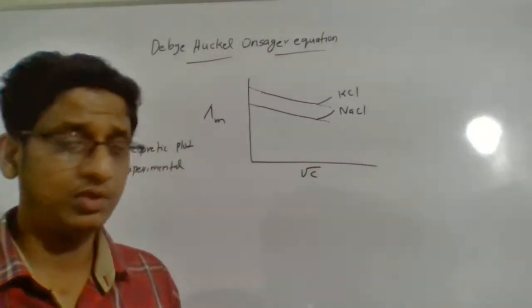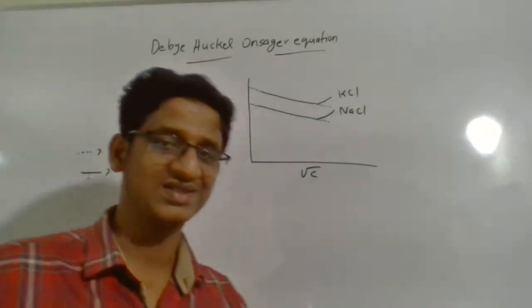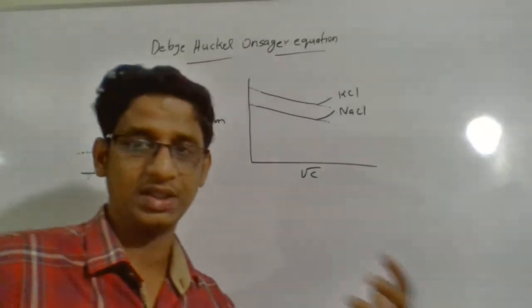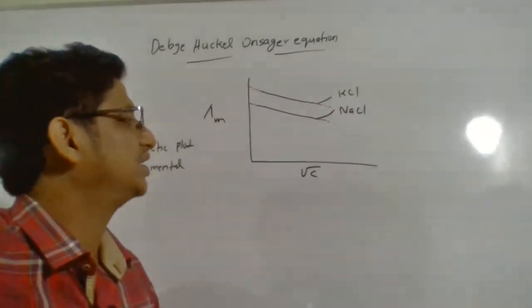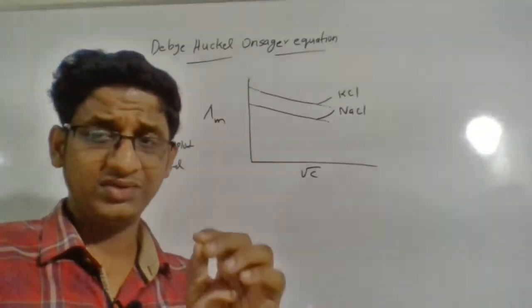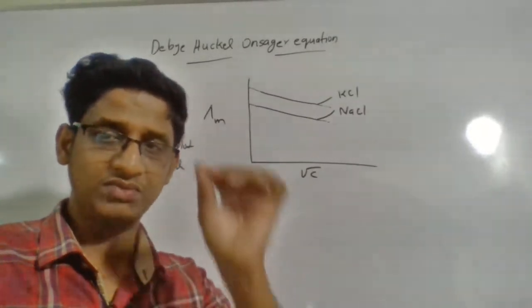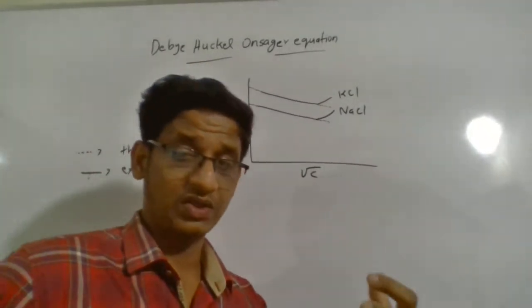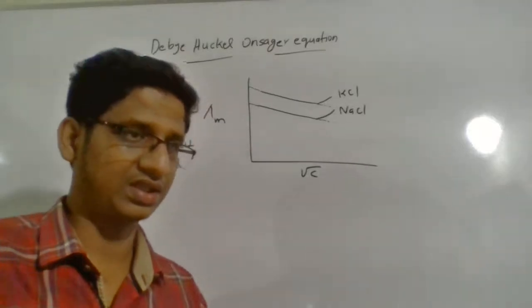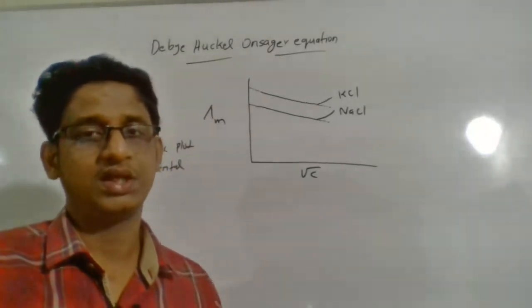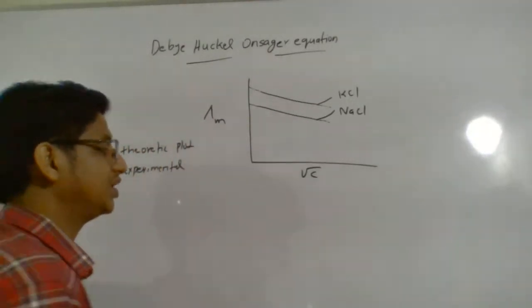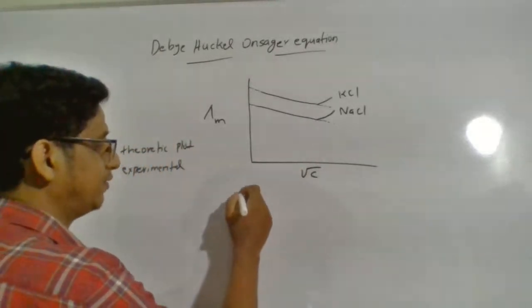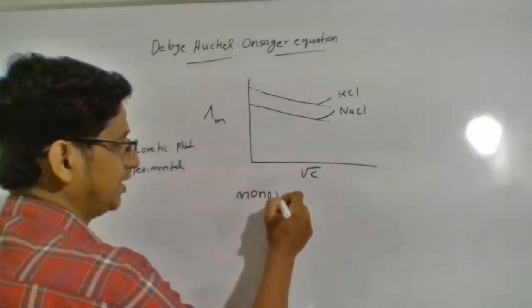Now we will discuss more in a later session, because we will discuss ionic mobility and other factors. So let us point out this particular point. The Onsager equation is valid at a lower concentration or high dilution. As the concentration increases, the Onsager equation shows deviation, and this especially works for monovalent electrolytes.